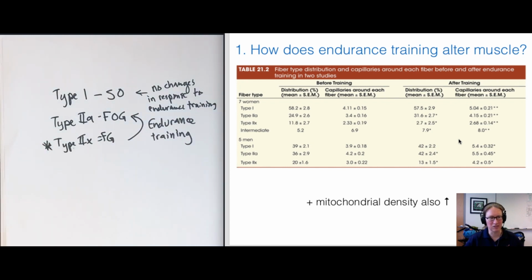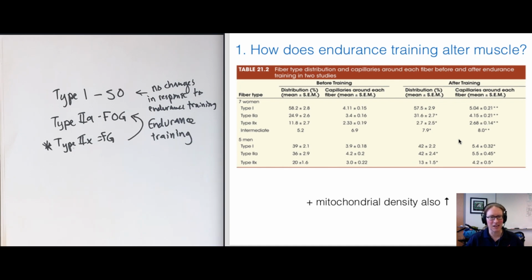And so generally speaking, characteristics that facilitate increased oxygen delivery are upregulated in response to endurance training. And this should kind of come as no surprise based on what we talked about earlier in terms of changes to oxygen delivery and VO2 max in response to endurance training.